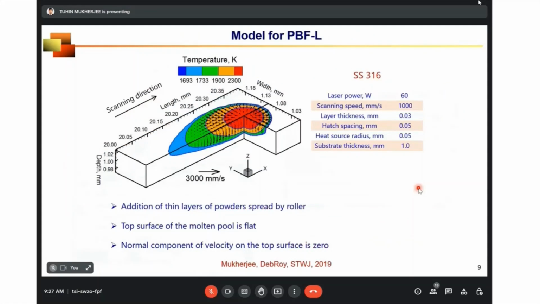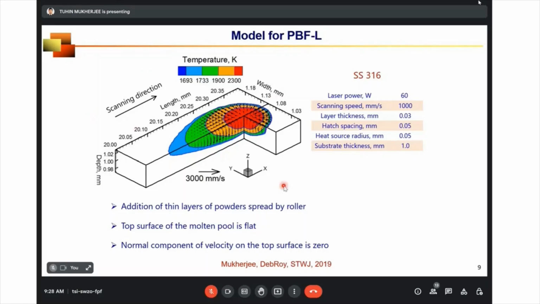So how does the molten pool look for powder bed fusion? In powder bed, you deposit a thin layer and the powders are spread using a roller, so the top surface is almost like a flat plane. As I was mentioning previously, you can see the temperature field is stretched opposite to the scanning direction.